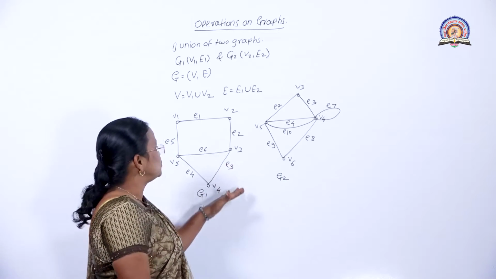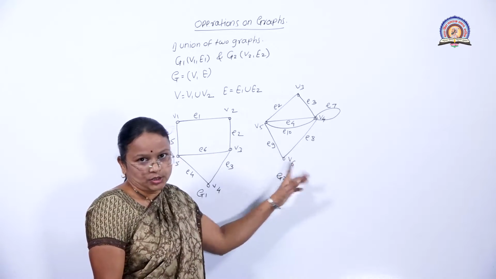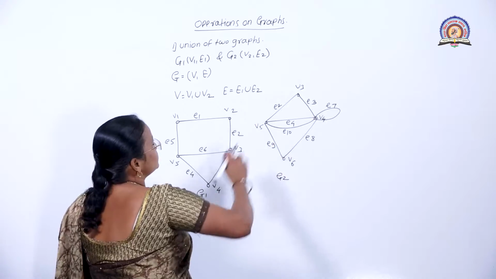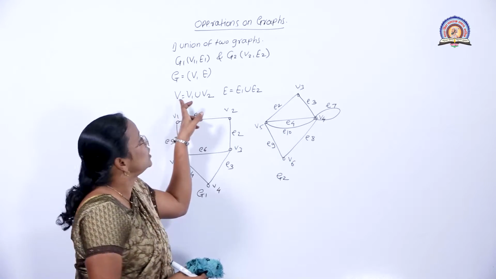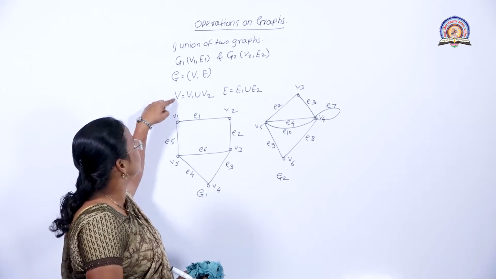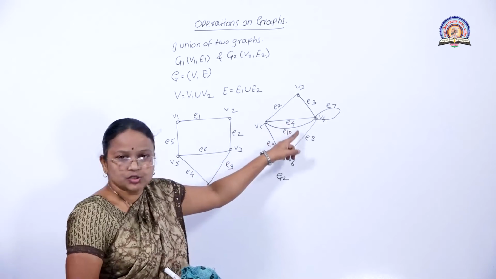Now we have to perform the operation of union on these two graphs. The union is a graph whose vertex set is the union of the vertices and whose edge set is the union of the edges of the two graphs.